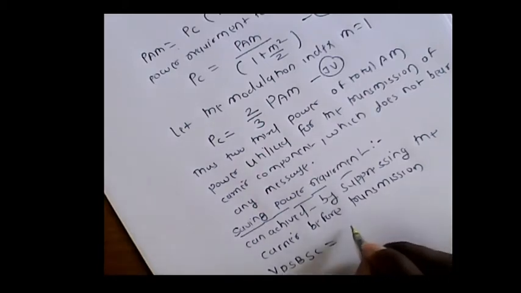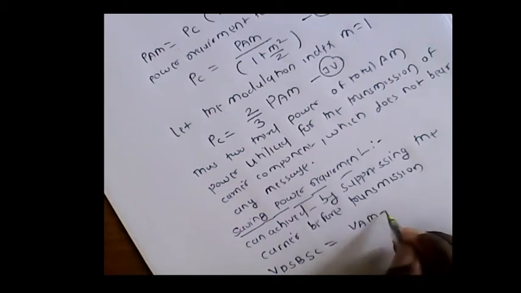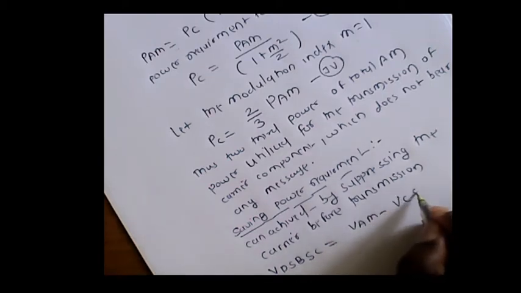So thus this process is the first variant of the basic AM technique, double sideband suppressed carrier. The instantaneous voltage of double sideband suppressed carrier may be related as V_DSBSC = V_AM minus Vc sin omega_c t.